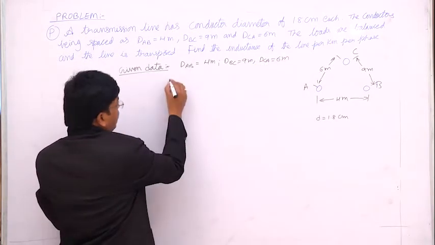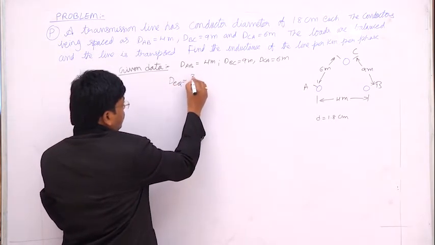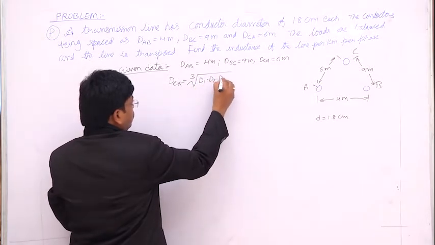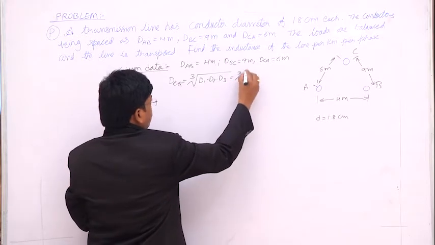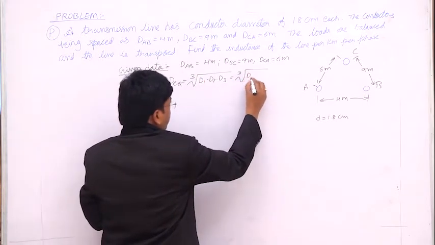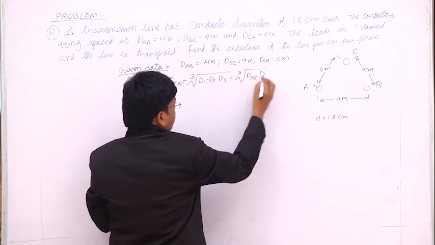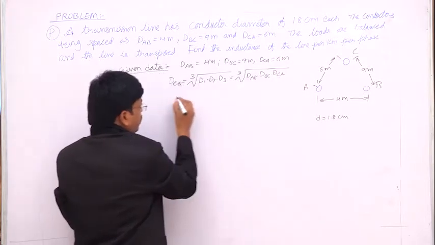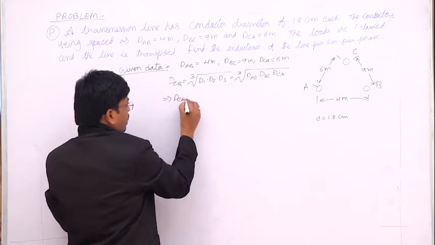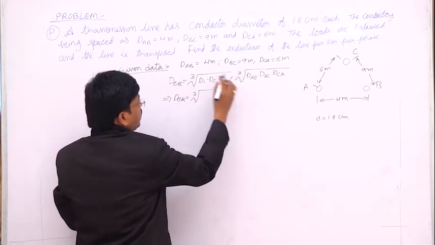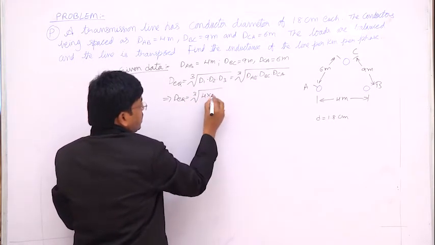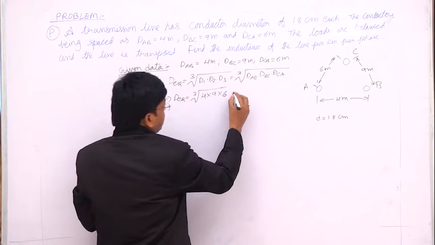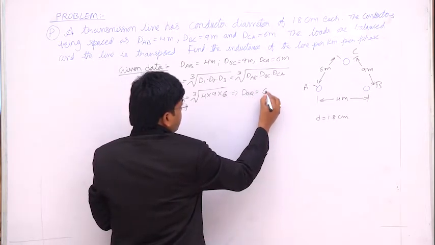From that we have to calculate D equivalent, which is the cube root of D1 into D2 into D3, that is the cube root of DAB into the distance between B and C into the distance between C and A. Substituting these values, D equivalent is the cube root of 4 into 9 into 6. If you calculate this value, we get D equivalent as 6 meters.